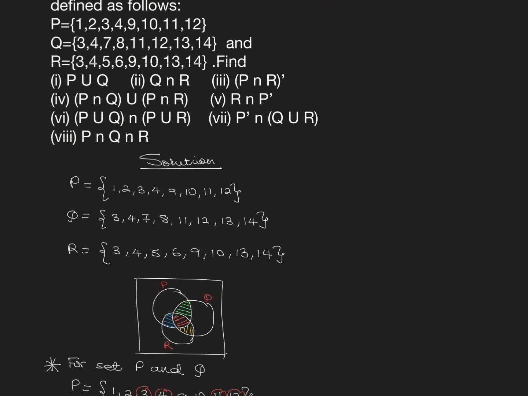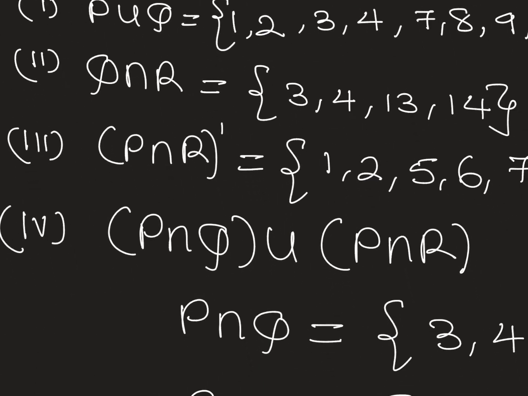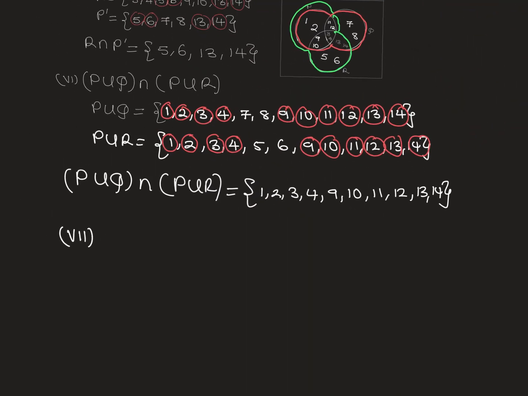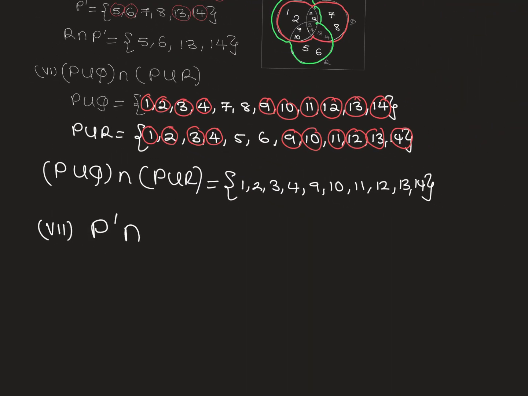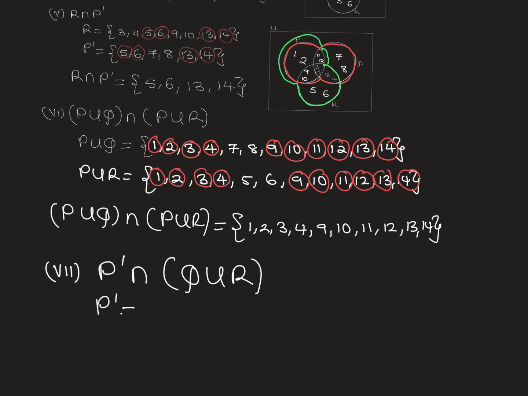Question 7 is P complement intersection Q union R. Meaning that we first have to find P complement, then find Q union R, and then we identify the common members.